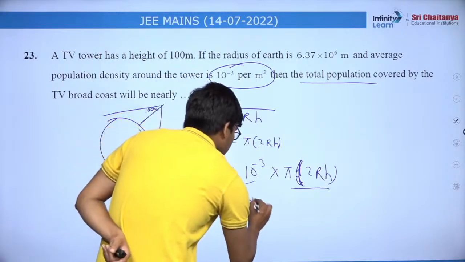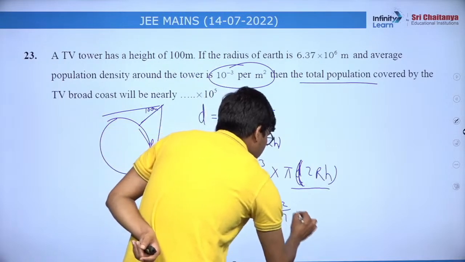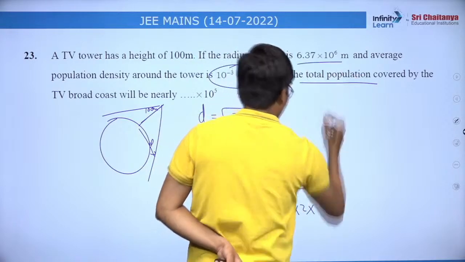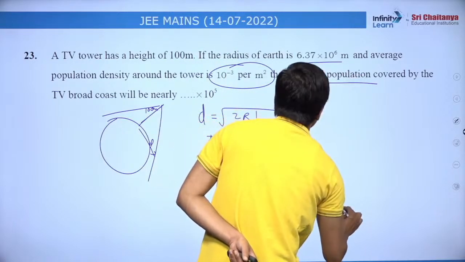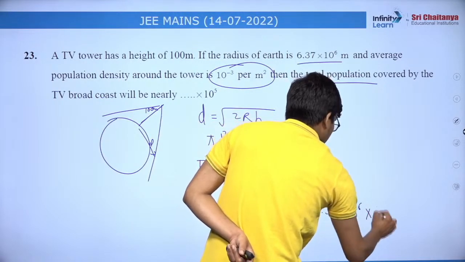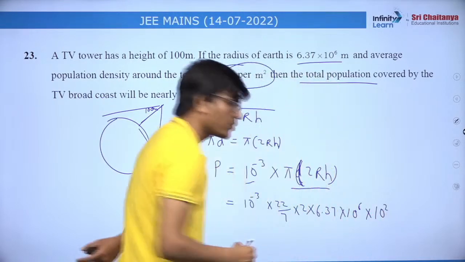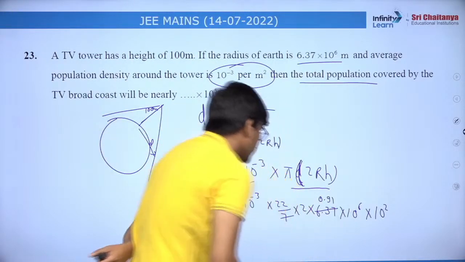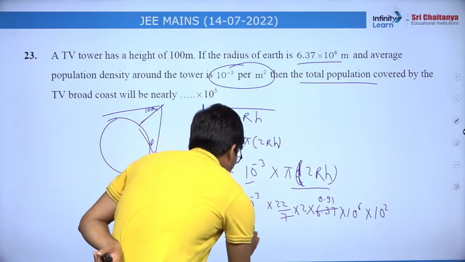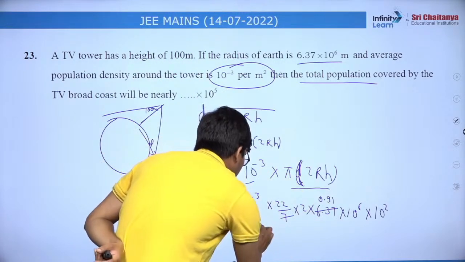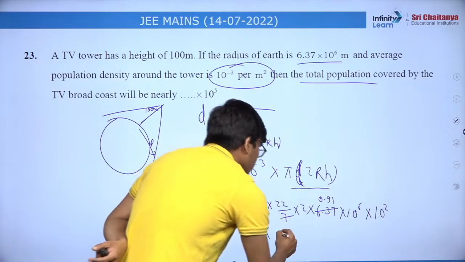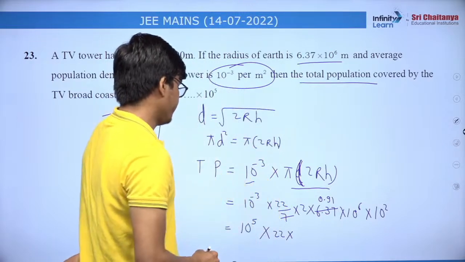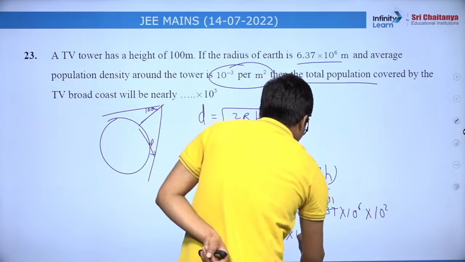So 10 to the power minus 3, this is 22 by 7, this is 2 into radius, the radius of the earth is given to you as 6.37 into 10 to the power 6, height is 100, which is 10 to the power 2, right? So let's just try to cancel it out. It will be 0.91, right? So 10 to the power 5 into, it will become 12 into 22 into, this will be 1.82, right?